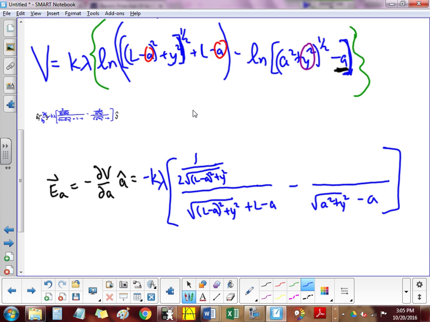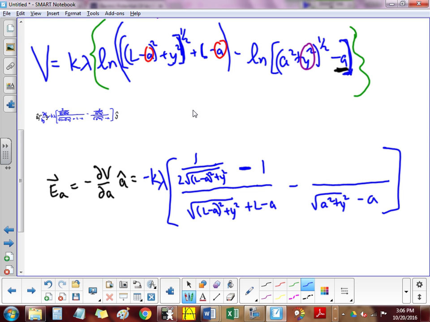Then you do plus negative 1. The negative 1 is just the derivative of the L minus A. The L is 0, and then the negative A has derivative negative 1 if you're doing a d/dA. So it's kind of complicated. This is a minus 1 right here.